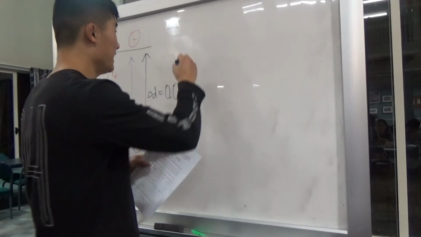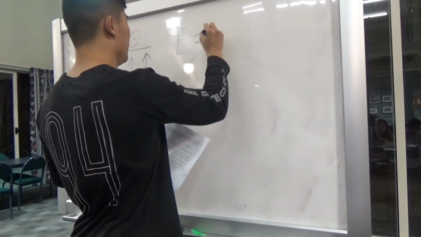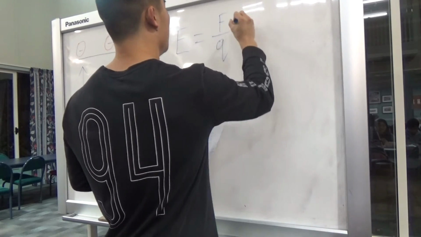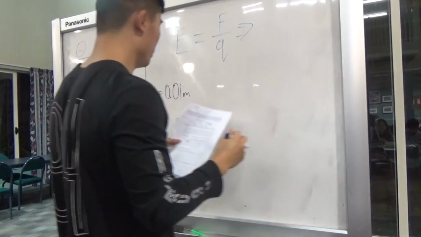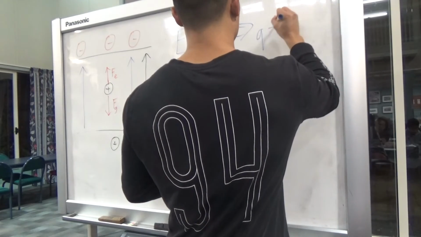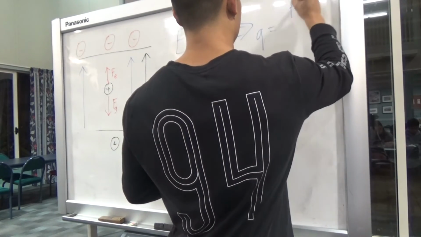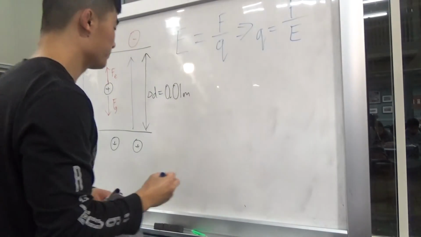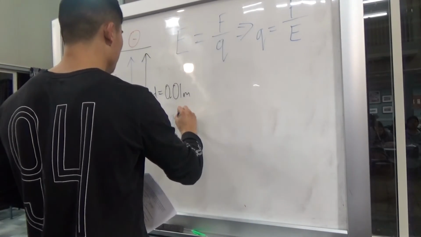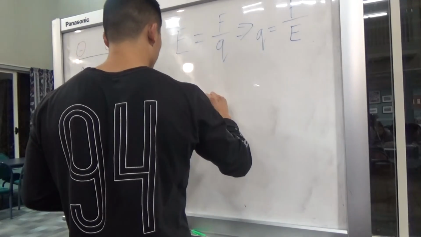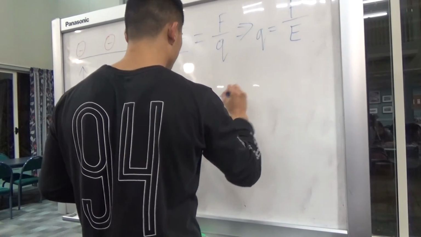So the electric field strength E is equal to F over Q, and we can rearrange that for the charge, so Q is equal to F over E. So Q is equal to the force, which is 6 times 10 to the power of negative 6.